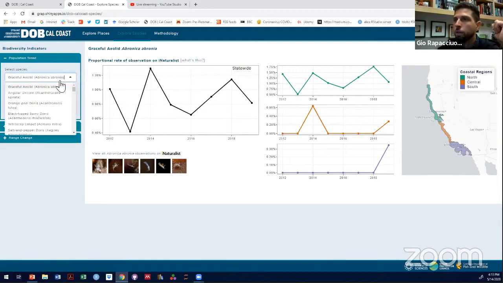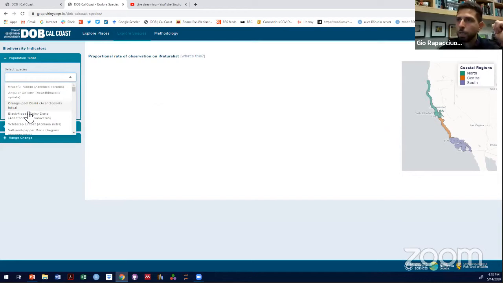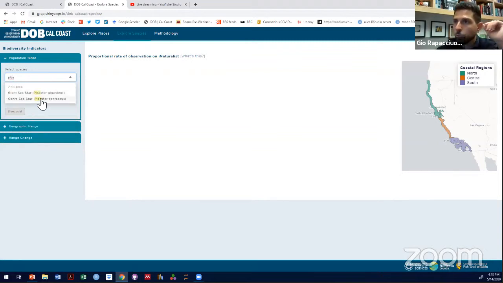And here, you can either scroll through these, or by hitting backspace, you can search for something specifically. So let's say, for example, we're interested in the ochre sea star.